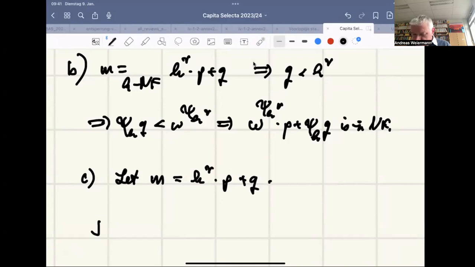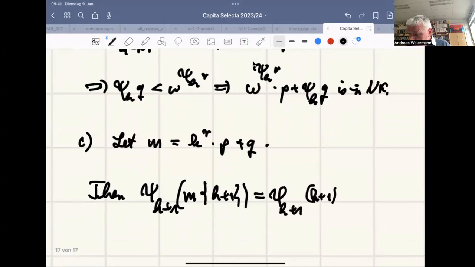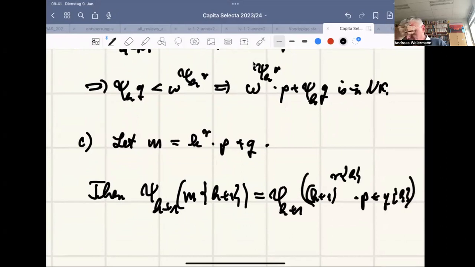Then the base change of m is what? It is ck plus 1. And here we have k plus 1 to the r, where we do base change in r, times p plus q, where we do base change. Now comes the point. This is k normal form.